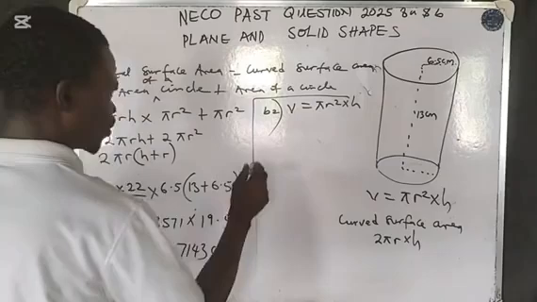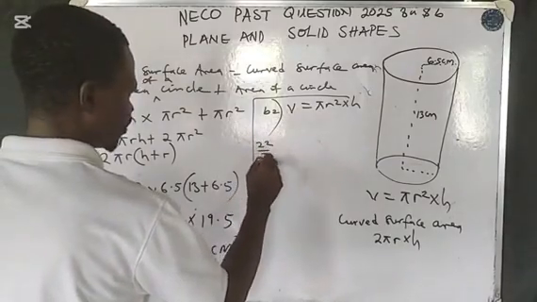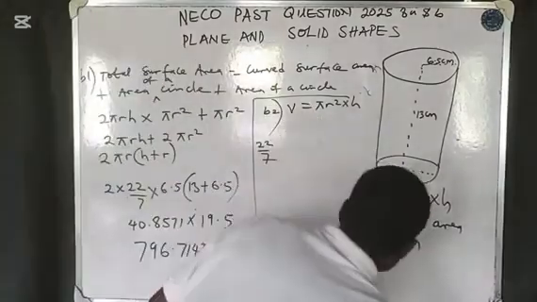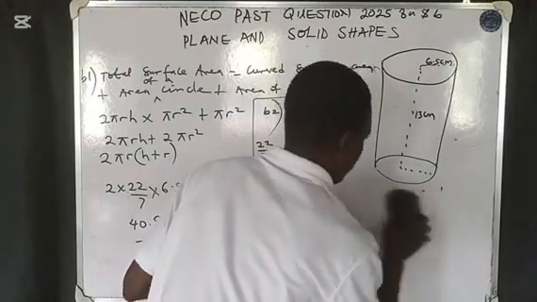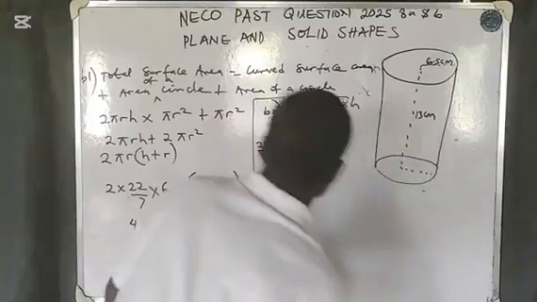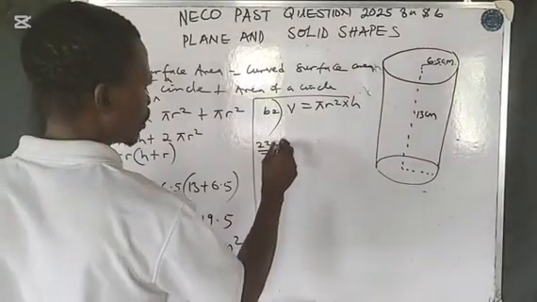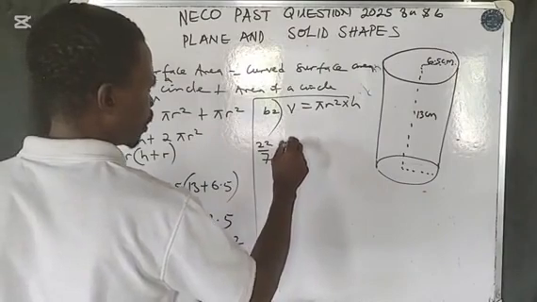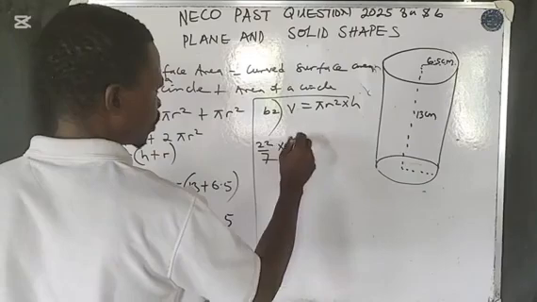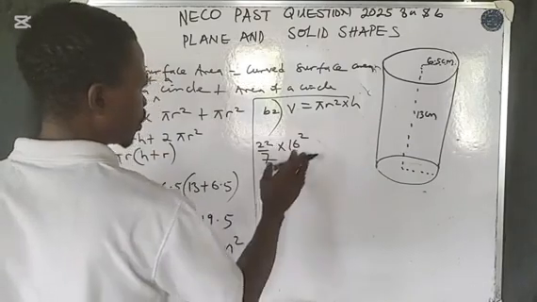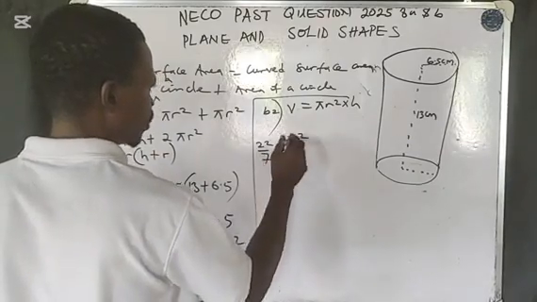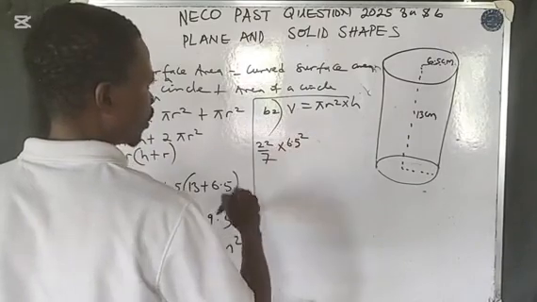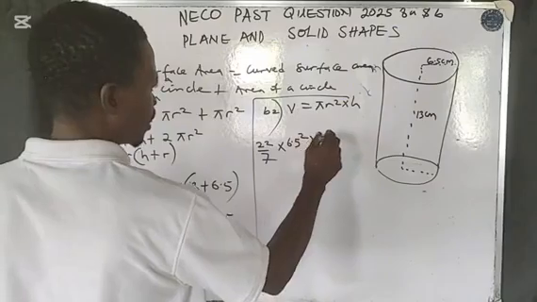So we apply our formula 22 over 7 times the radius squared, radius is 6.5, times height, 13.